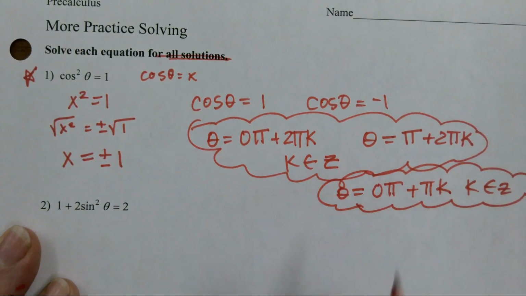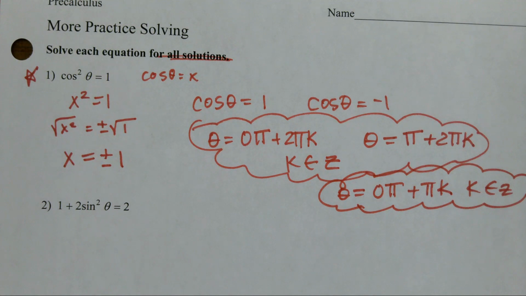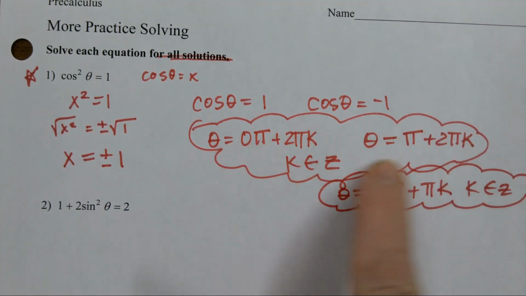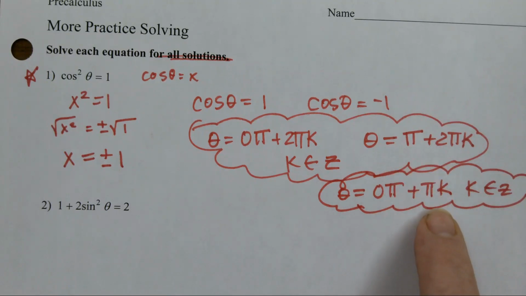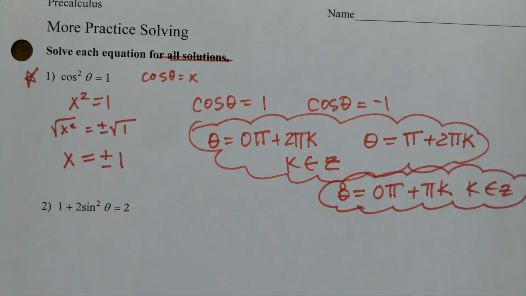Now the reason that I bring that up is because, especially if you're doing multiple choice, they could show you either way, and most likely they'll show you this way. So even if you get this as your final answer, you need to be able to translate it to this other form if possible, okay? All right, so that's kind of one of a couple of the little funky things that can cause a problem.